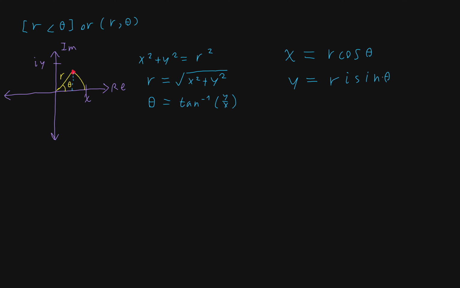And so we can write it as a sum where x plus iy is equal to r times cosine theta plus i sine of theta. This representation of complex numbers in polar form is very useful, and we're going to see soon when I show you the relation to Euler's formula and Euler's identity.